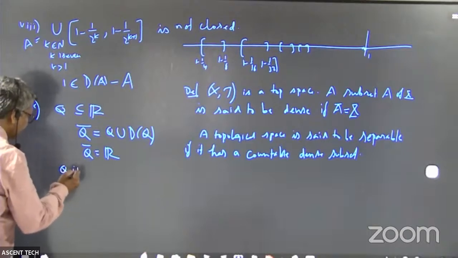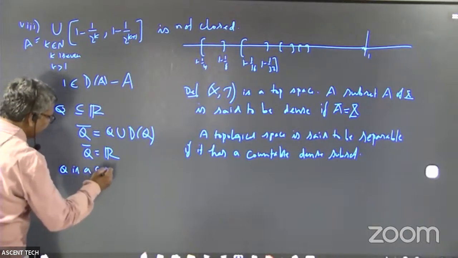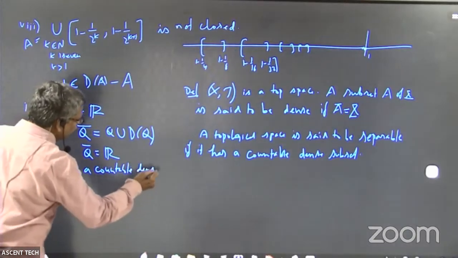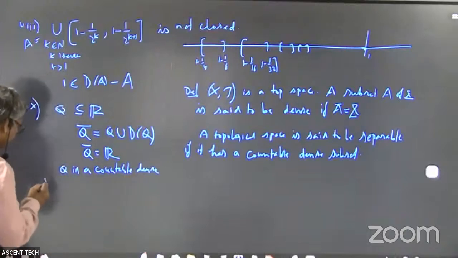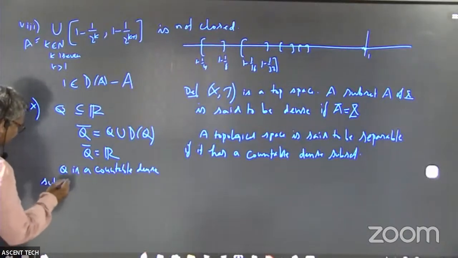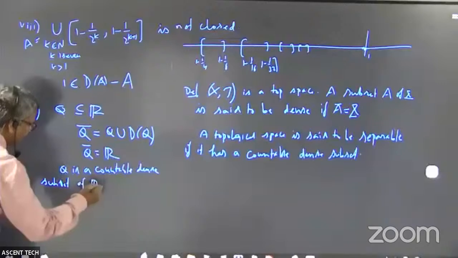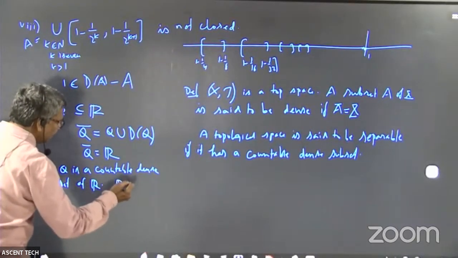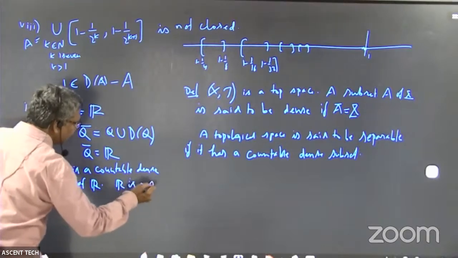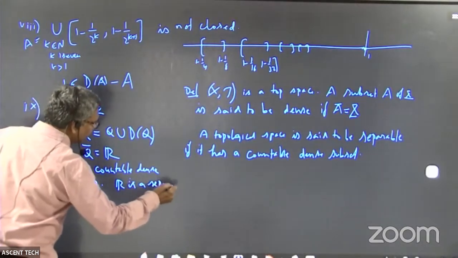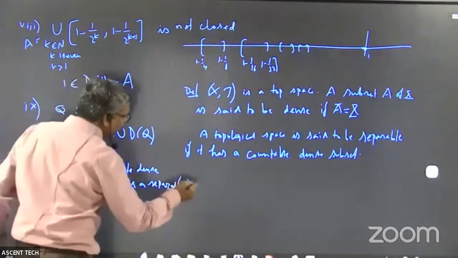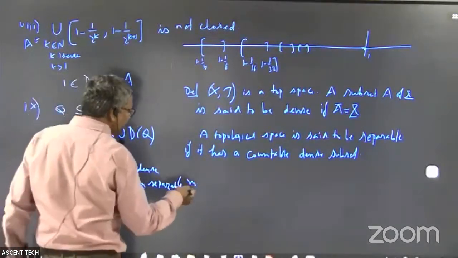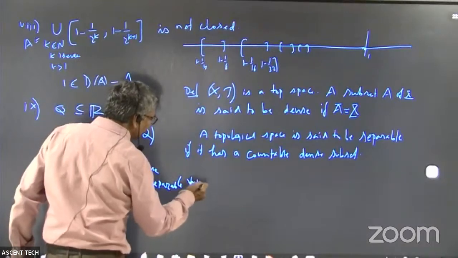Q is a countable dense subset of R. Therefore, R is a separable metric space. It is a separable topological space. In this case, it's a metric space.